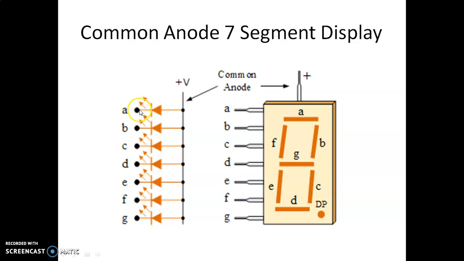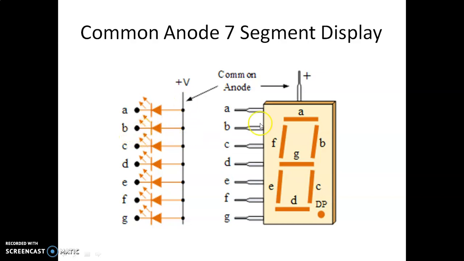So if we are sending logic 0 to this segment, or when connecting it to the ground, at that time the anode is more positive than the cathode, and current will flow from anode to cathode. In that case, the segment will be turned on. When the anode is more positive than the cathode, this segment will be on, or this diode will conduct. So this condition should be true.